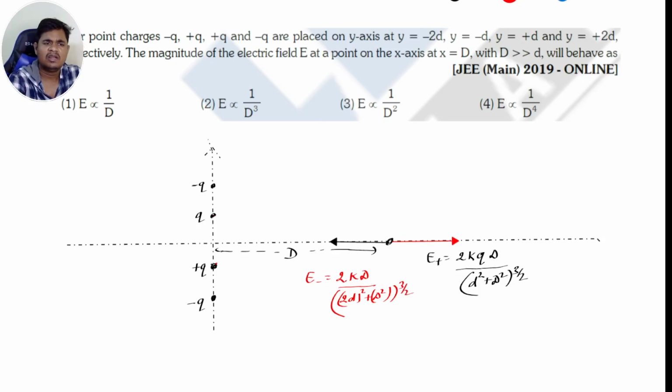The concept that I have used here is that for a circular ring, on the axis at a distance x, the electric field is kqx by r square plus x square raised to the power 3 by 2. So I have used the same formula here.